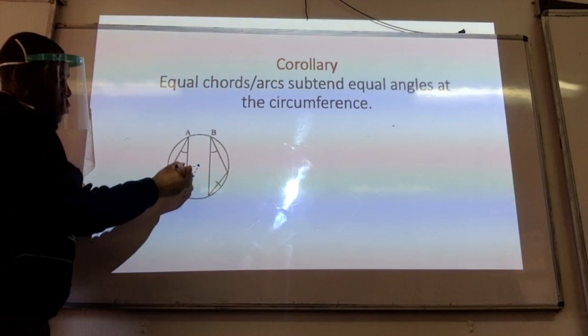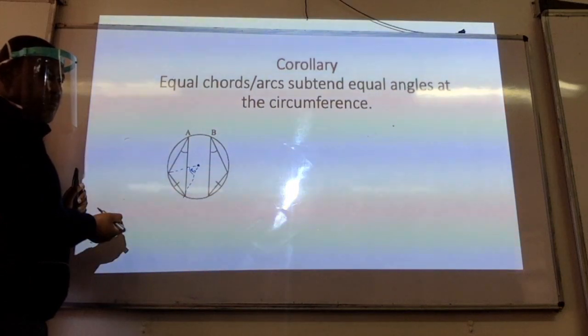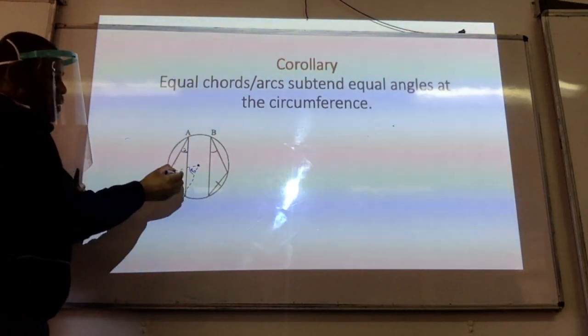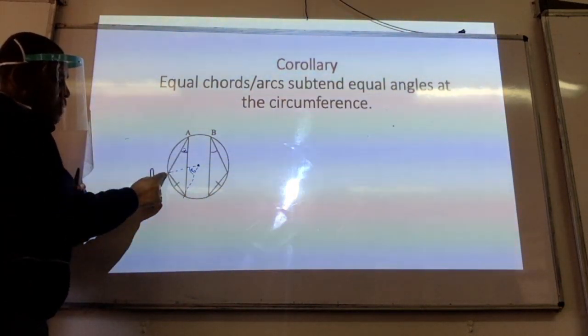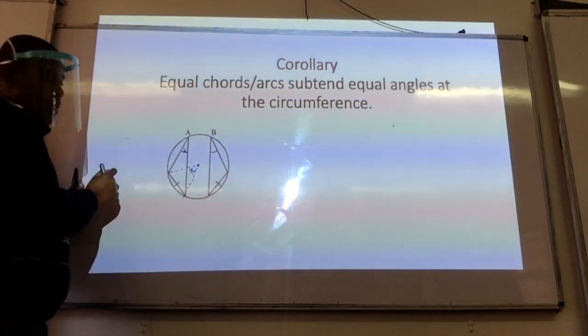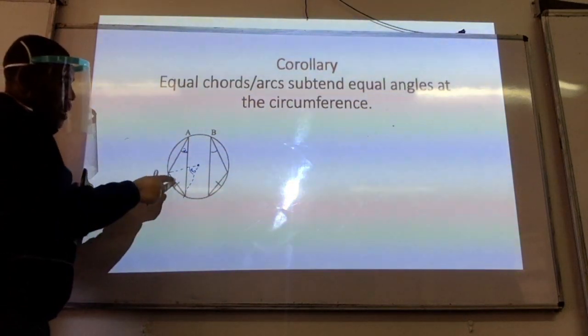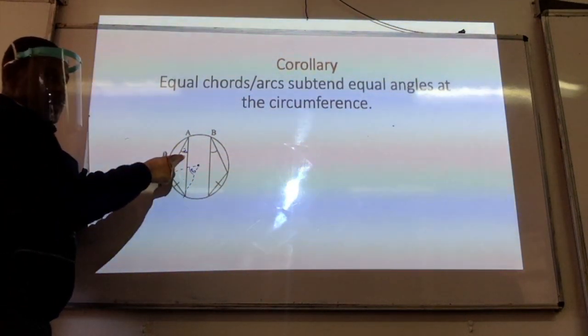So if this angle, for instance, is 40 degrees, then what will that one be? 20. So that one will be 20. Now, because this is the angle at the center, but that is the angle at the circumference. So do you see how it follows from the previous theorems? The angle at the center should be twice the angle at the circumference.